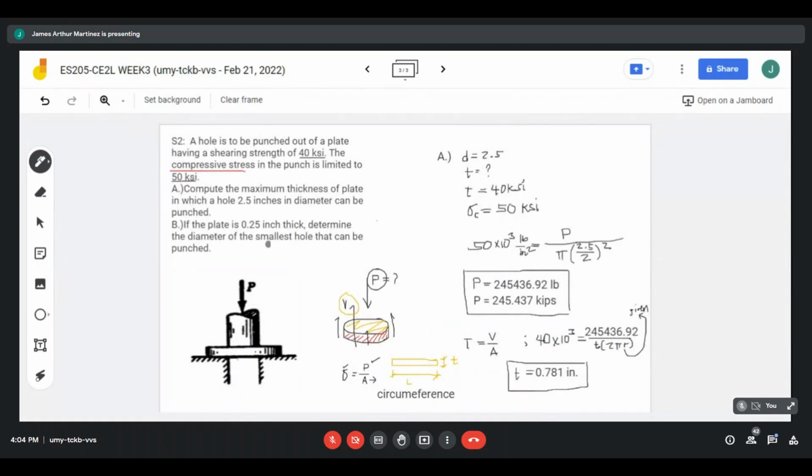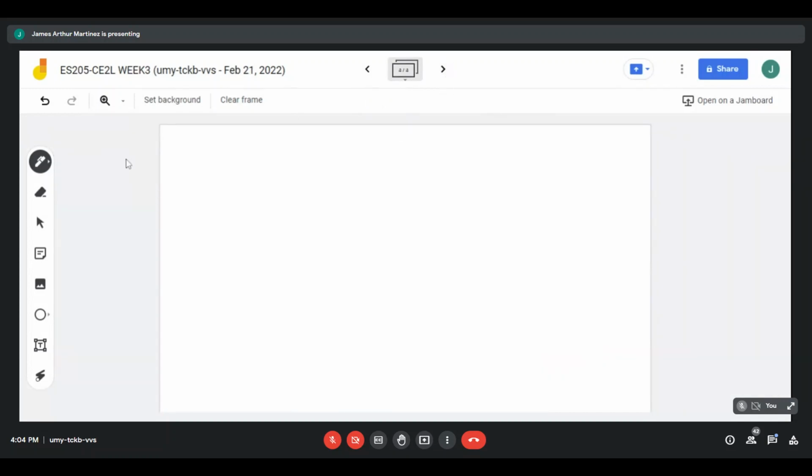Instead of the diameter given in letter A, in letter B the diameter is what we look for. Then the thickness of the plate is given, whereas in letter A the thickness was what we looked for. So they just switched, but the analysis and the procedure are the same. So, we'll try to solve letter B.